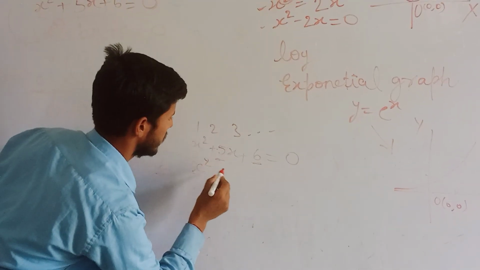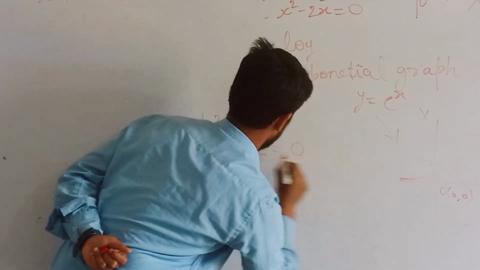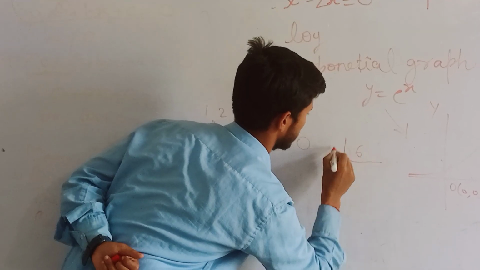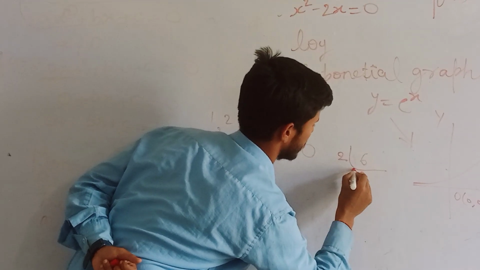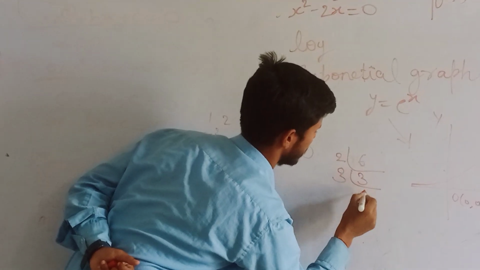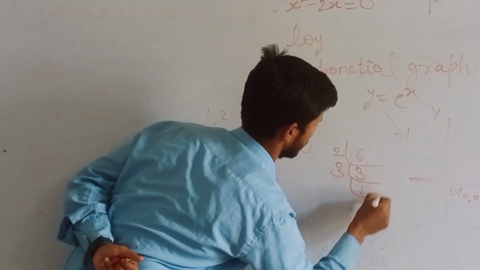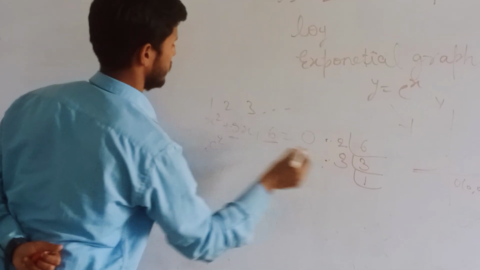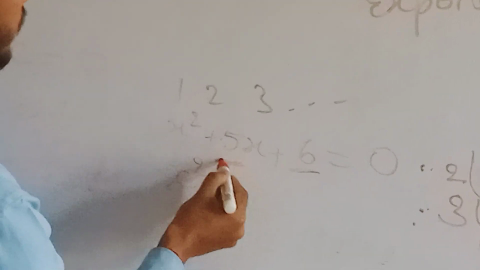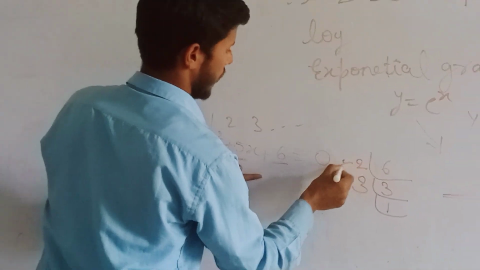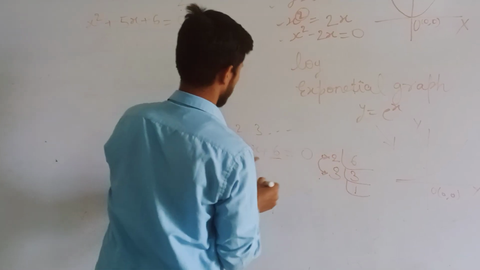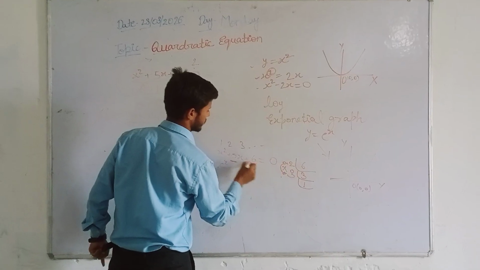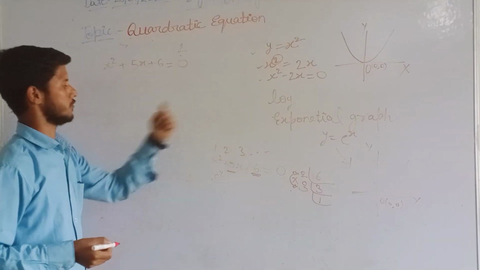I think we should break this number, such as LCM, 2 into 3, 3. This term can be broken into two parts. The summation of these two numbers will be 5 and the multiplication of these two numbers is 6. Now we have got the answer.